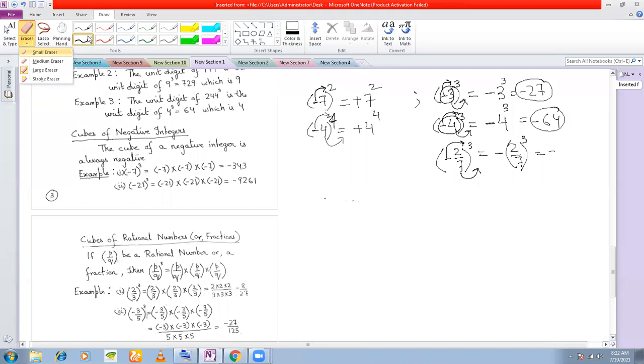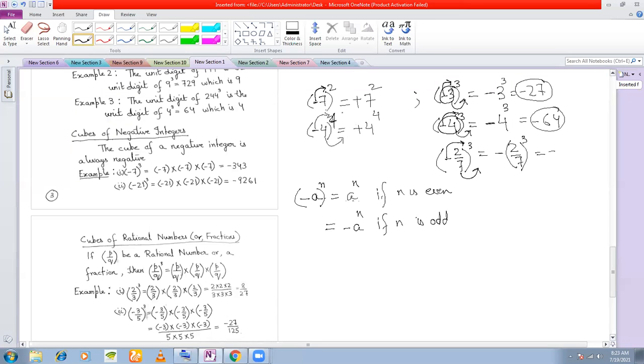If you remember, when I was doing exponents, what did I tell you? (-a) to the power of n is equal to a to the power of n if n is even, right? Remember this? Yes, sir. And it is equal to minus a to the power of n if n is odd.